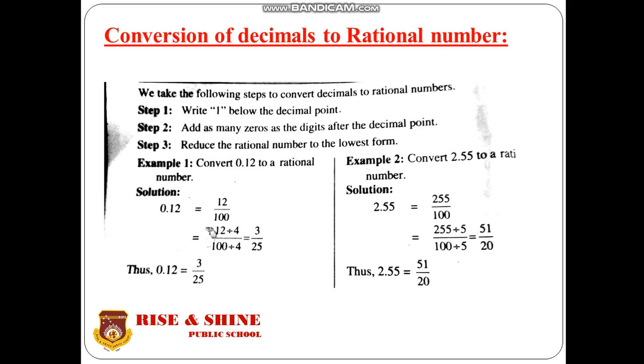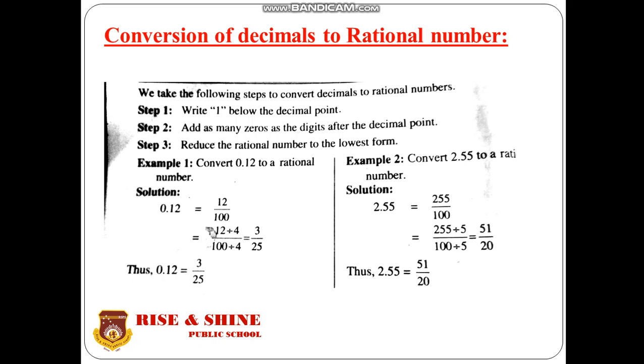When we convert 0.12 into a rational number, we get 12 by 100. Then we divide the whole fraction by 4, so the answer will be 3 by 25.